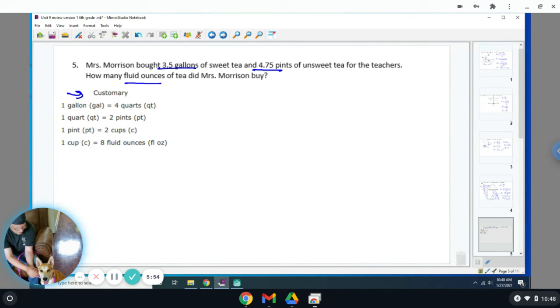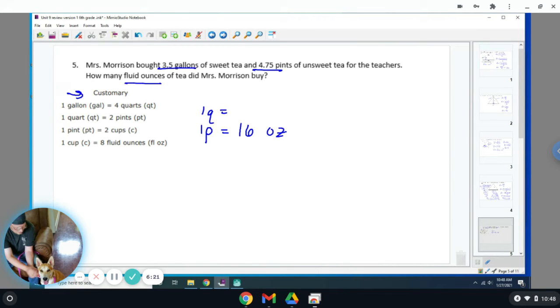So what I'm going to do is figure out how many fluid ounces are in gallons. So if 1 cup is 8 fluid ounces, and then in 1 pint, there's 2 cups. So 2 times 8 is 16 fluid ounces. Okay. So 1 pint is 16 fluid ounces. Now we're going to do 1 quart. So 1 quart is 2 pints.